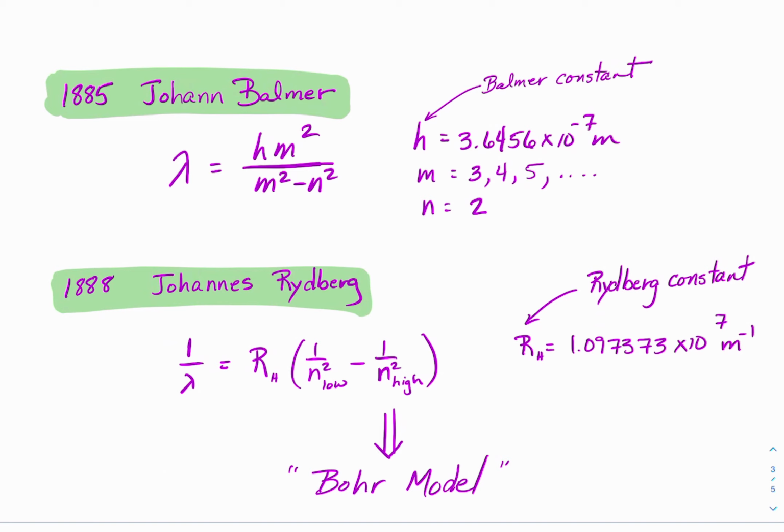The equation that he used was this equation here, which is the wavelength equals h times m squared divided by m squared minus n squared.